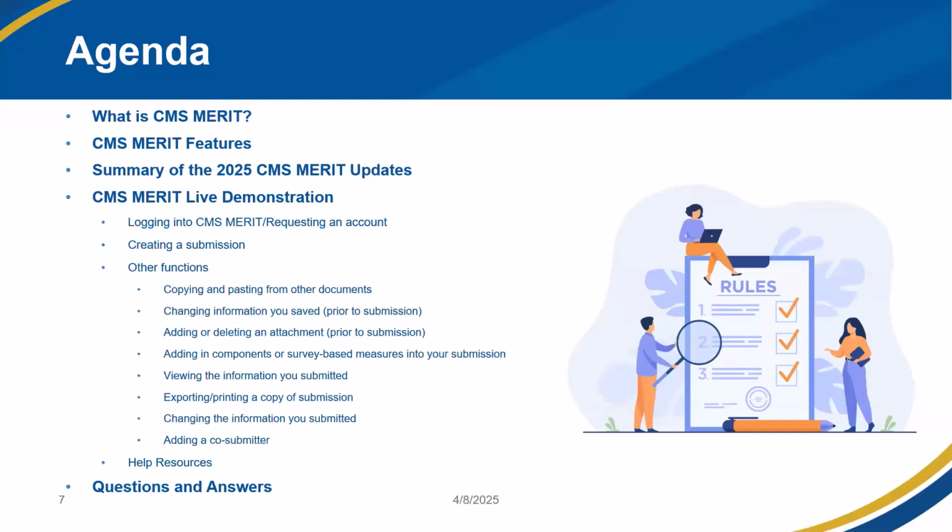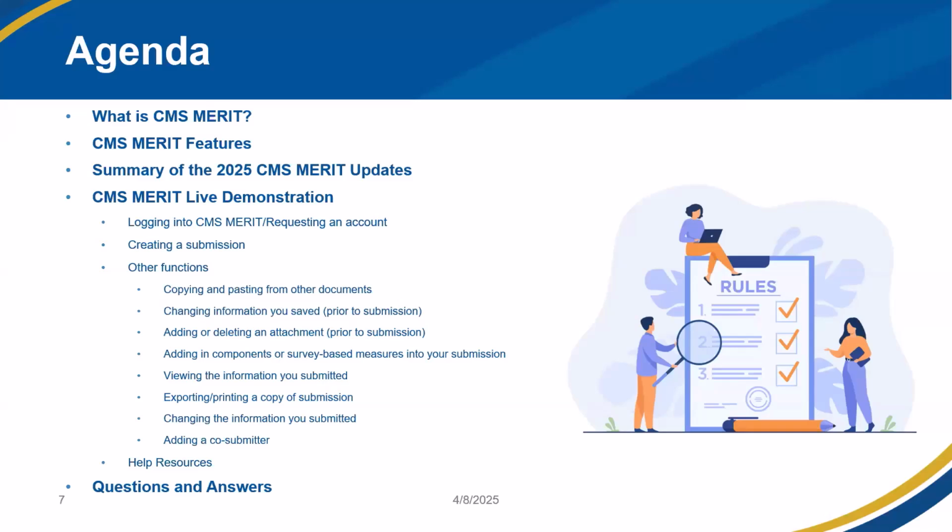2025 cycle. And then we will go into our live demonstration showing you how to log in, how to create a submission, and then other functions that you can see listed here. There's a copy and paste feature. You can change information that you've saved from a previous submission. You can add or delete attachments from a prior submission, adding in components or survey-based measures into your submission, which is new this year.